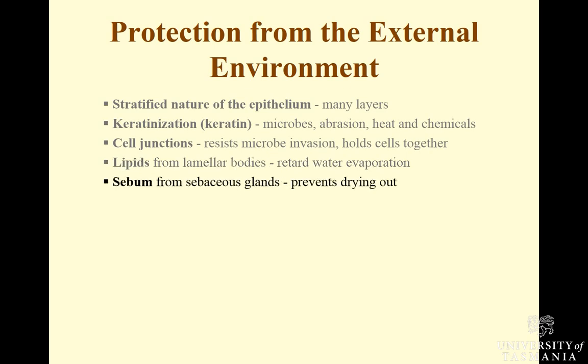Sebum from the sebaceous glands, we know that it's a conditioner or a moistener of the skin surface, and that helps to prevent the skin from drying out, therefore prevents it from cracking, exposing the underlying blood vessels and connective tissues, preventing infections from taking place.